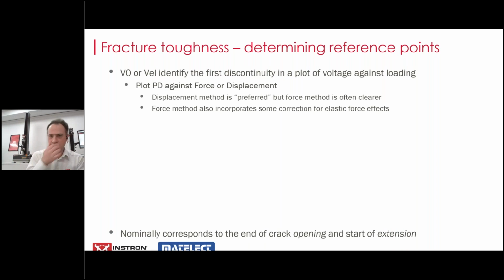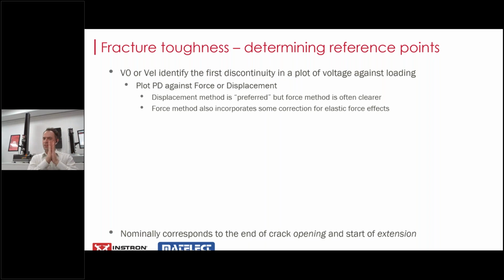So I mentioned determining reference points. Very briefly, you look for a characteristic change in the slope of the potential drop, and that is deemed to correspond to when you've stopped opening the crack and you've started to tear it. So with ductile materials, we would commonly talk about blunting.